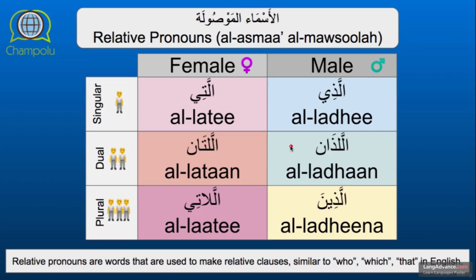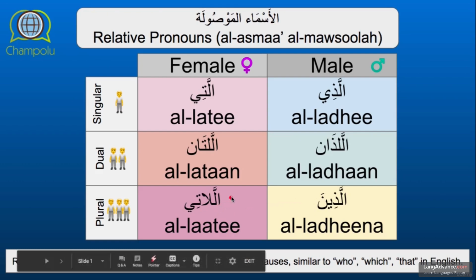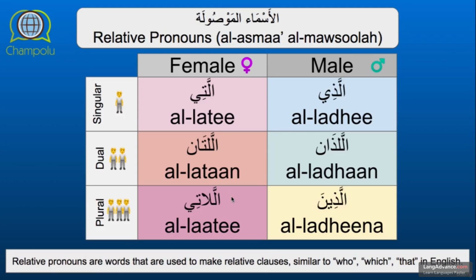And for two females, we say اللتان. And for plural males, we have الذين. And for plural female, it's اللاتي. And you'll see there will be some variants that we will be discussing in the coming slides.